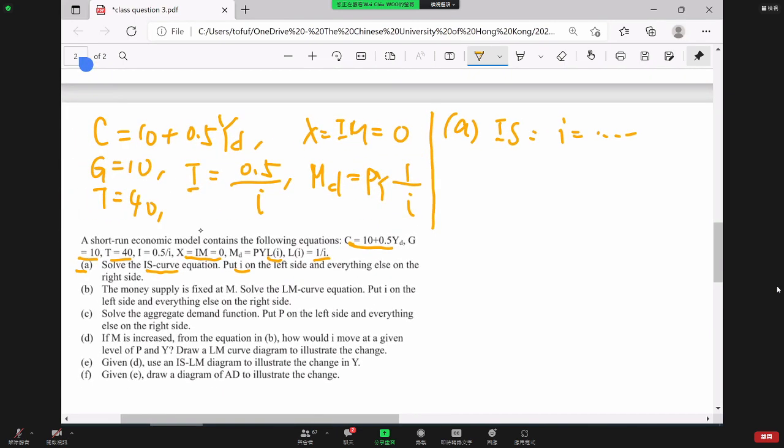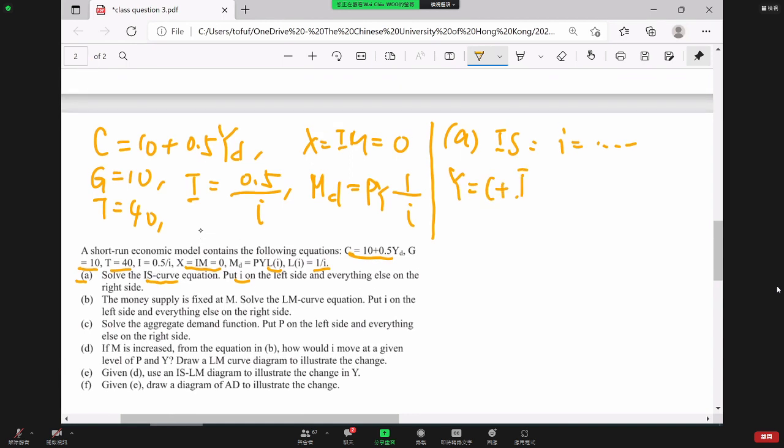And IS is basically, remember, C plus I plus G equal to Y. Because X and IM equal to 0, you can ignore it. And consumption, you already have the consumption function, right?